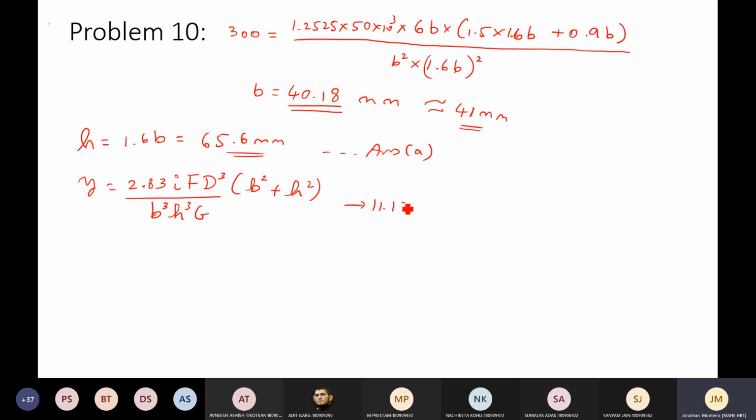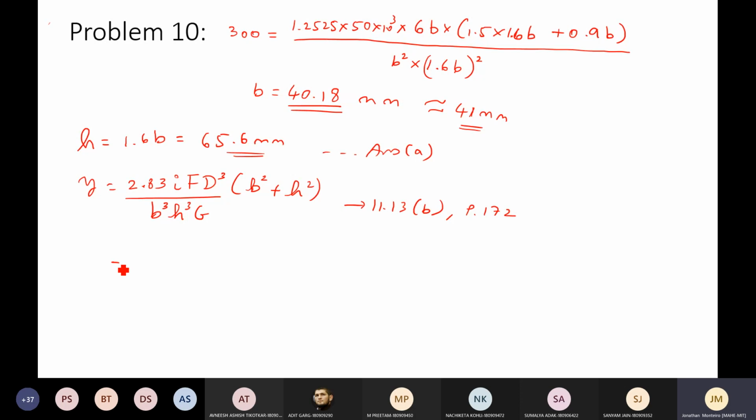This is equation 11.13b, page 172. The same equation is given in one more form where the m value is given, that is nothing but b by h. So we need not take that. We will take the first one.